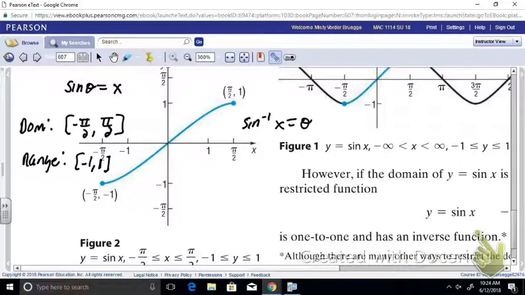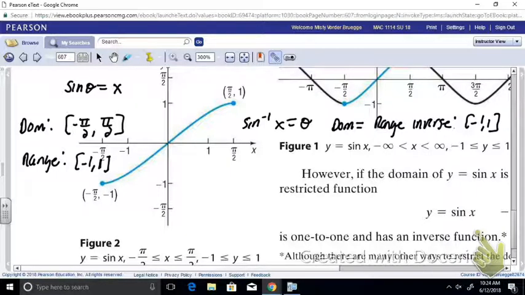Okay, all right, now, when you do an inverse, because you switch domain and range, it's going to switch domain and range on the graph of the inverse function, right? And so what happens is your domain becomes the range of the inverse. Are you guys okay with that? And so the domain would be what? Negative 1 to 1, right?